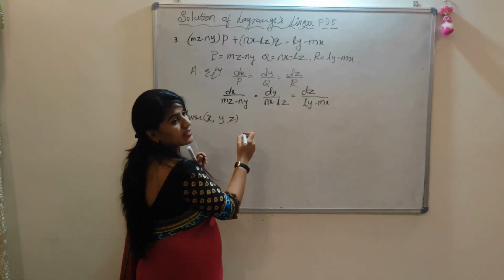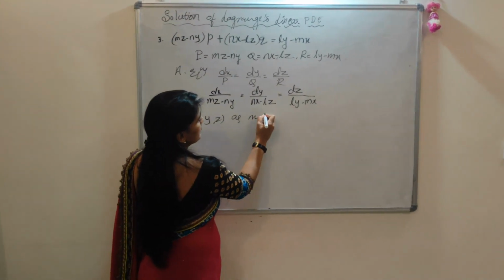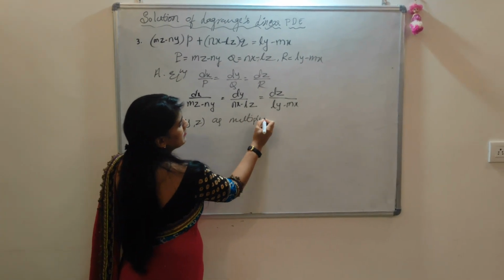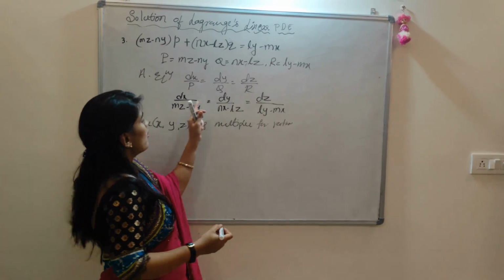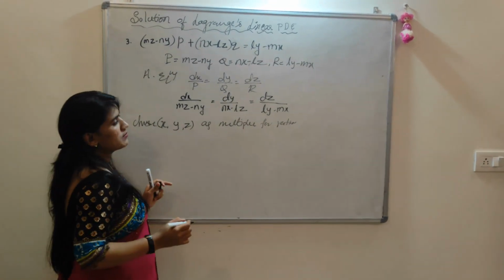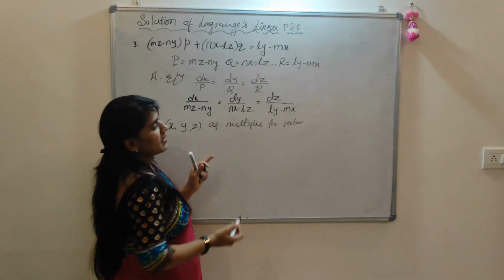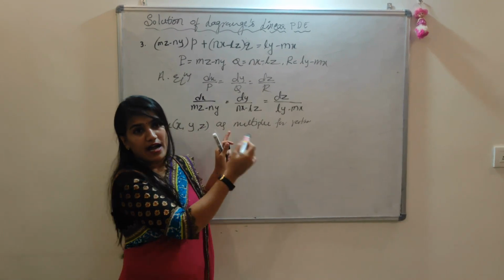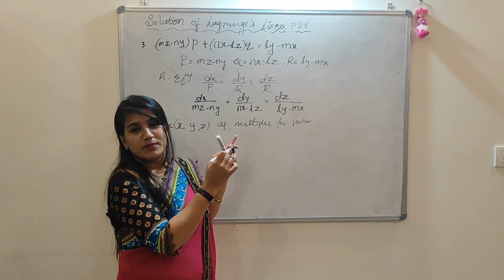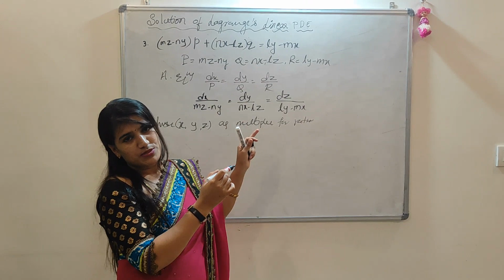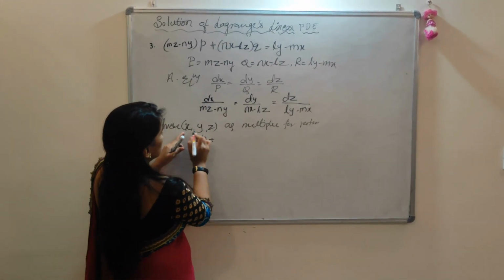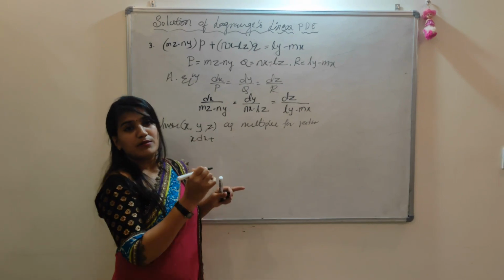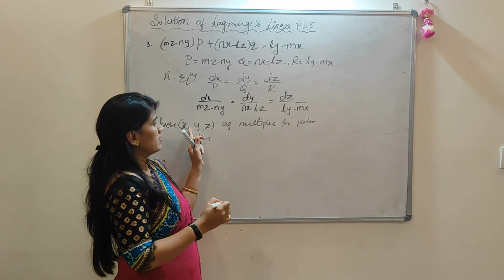Choose x, y, z as multipliers for the ratios. So how do you choose these multipliers? You have to check the denominators, and when you multiply and add all the denominators, the sum must be 0. So I'll do that. See, multiplying means numerator and denominator both are multiplied by the multiplier.